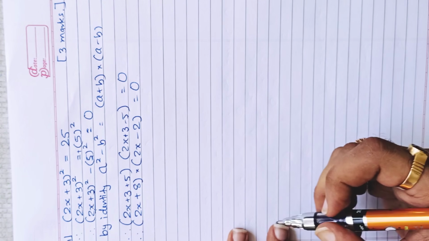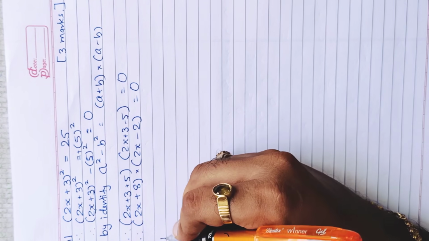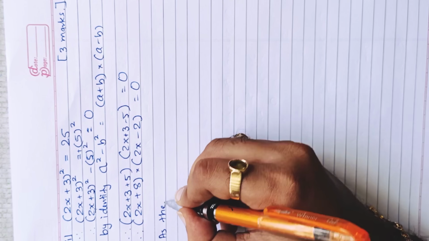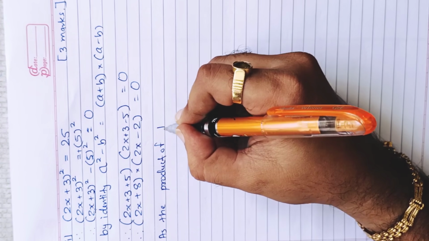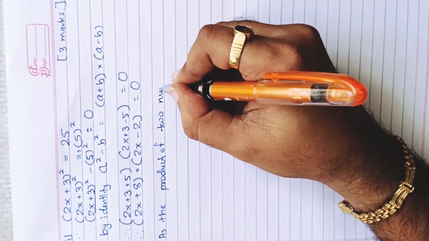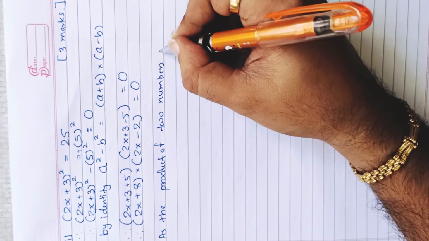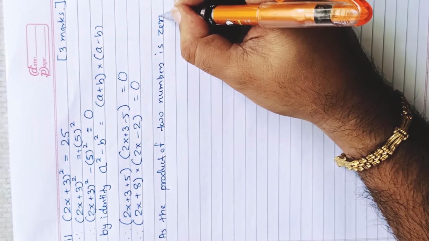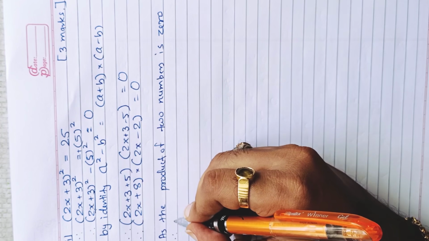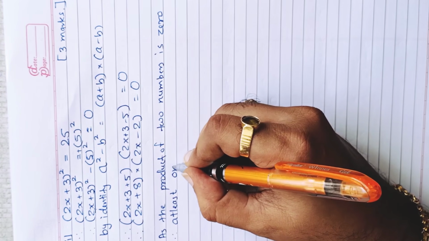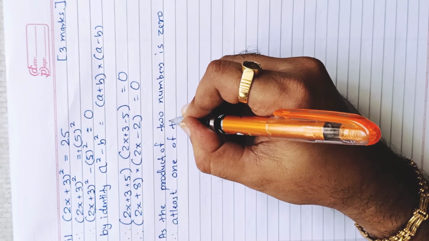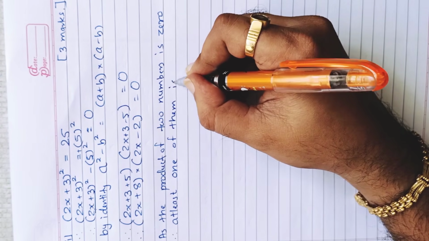Now we know the rule, the product of two numbers is 0. Therefore, at least one of them is 0.